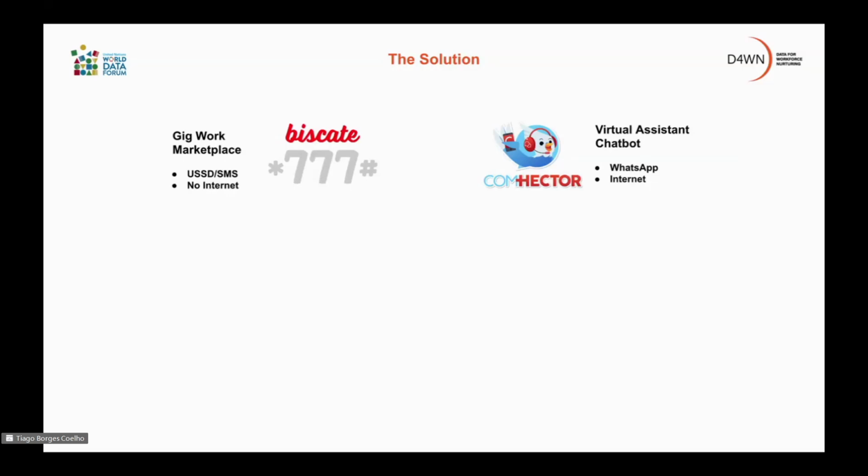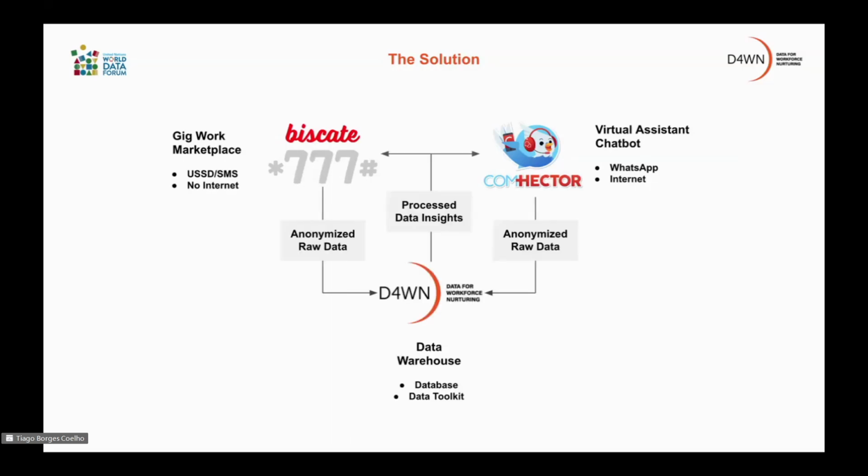So on one side, we have the Bishkat platform, and on the other side, Fundación Capital created the Connector, which is a virtual assistant chatbot that works over WhatsApp. So people with internet and smartphones can interact with this chatbot and receive information about the labor market. So these two platforms push anonymized raw data into the Dawn data warehouse.